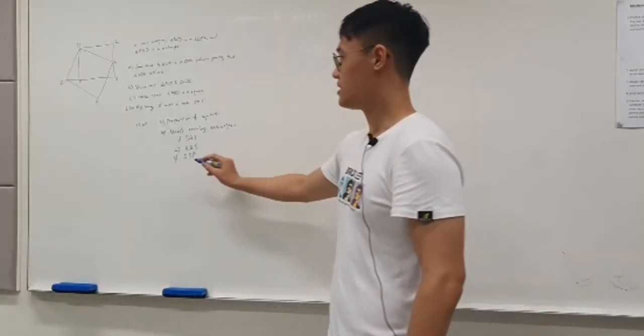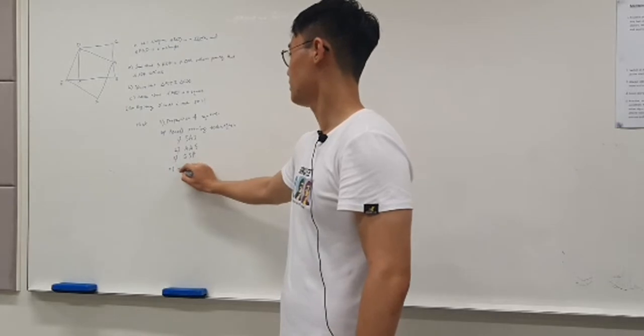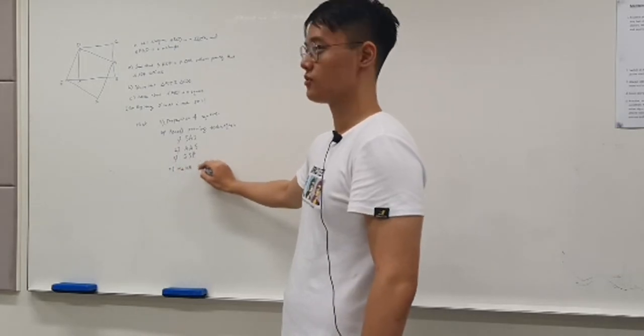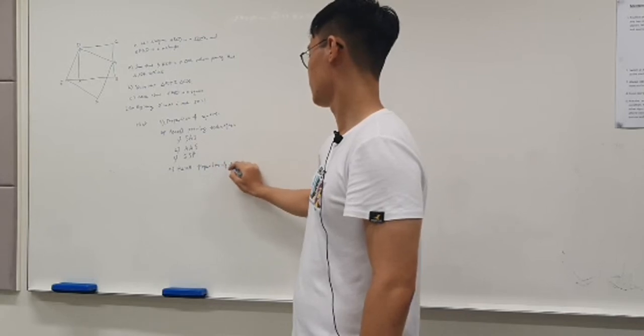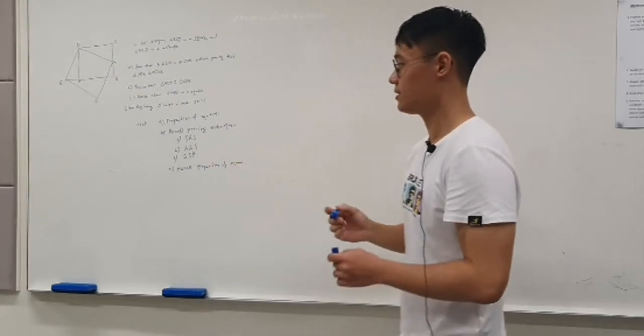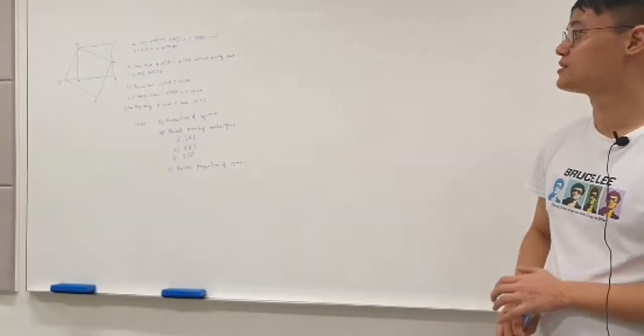So part C, we need to recall properties of a square also.